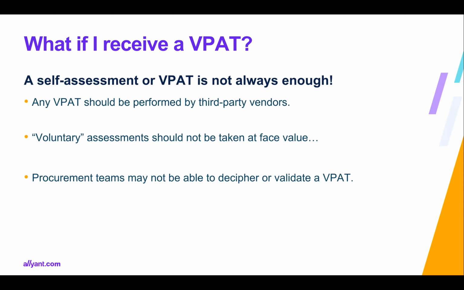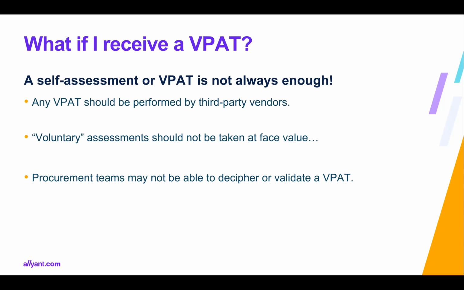I think you have some great insight from how you all deciphered VPATs versus third-party VPATs at the University of Montana. That's very useful. Yeah, it's a great point about third-party VPATs. VPATs that are being created by the vendor themselves. So if I'm selling a piece of software and I have my development team actually write the VPAT for it.